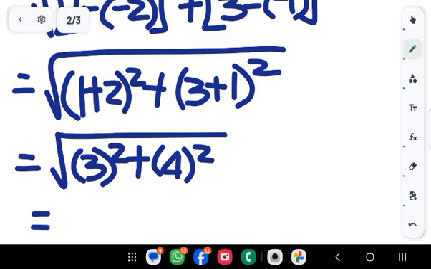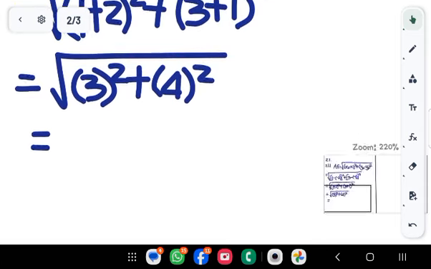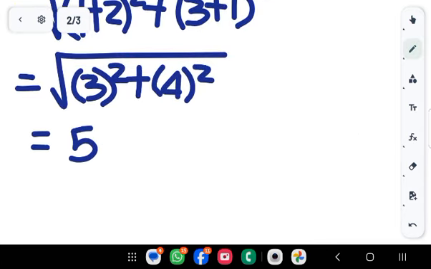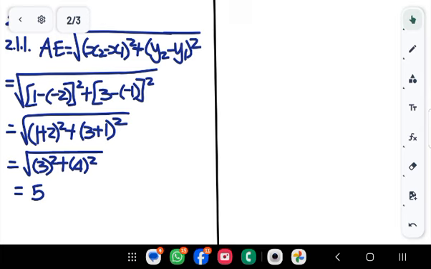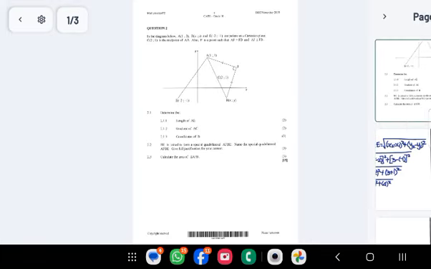That is equal to 5. That is the length of AE.